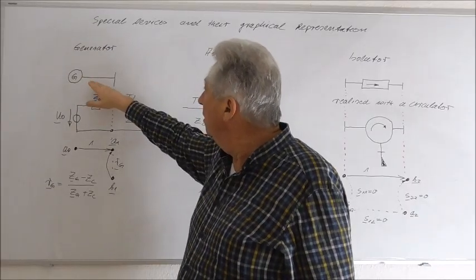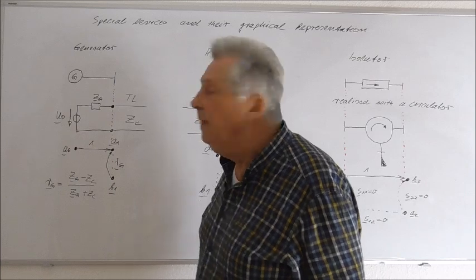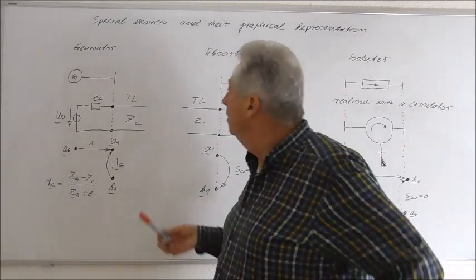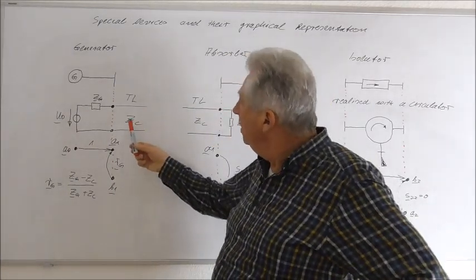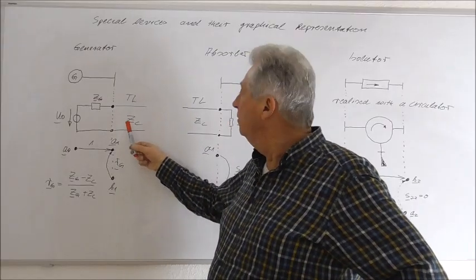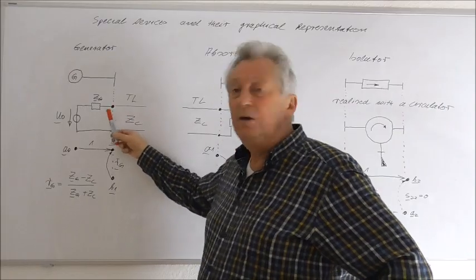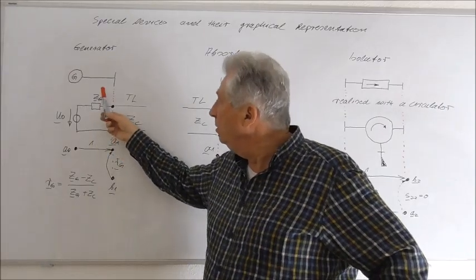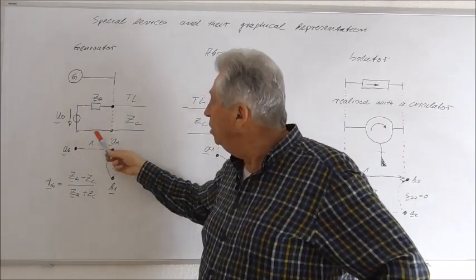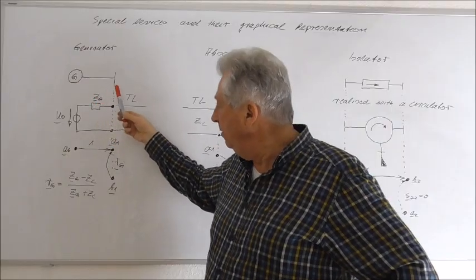And here I gave the picture of the symbol of a signal generator, and if I consider now transmission line theory, it looks like this: we have a certain transmission line with a characteristic impedance ZC, and to this transmission line is connected a voltage source with an internal resistance ZG.